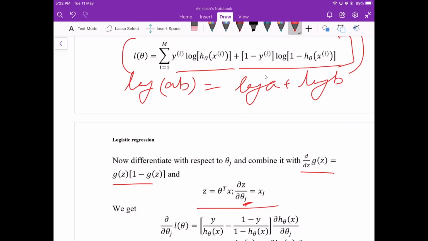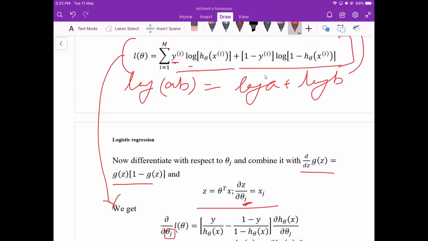Okay, so let's differentiate this one. Here y is constant, and we are differentiating with respect to theta.